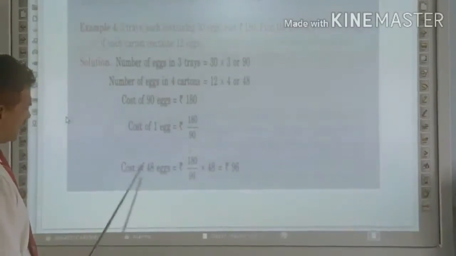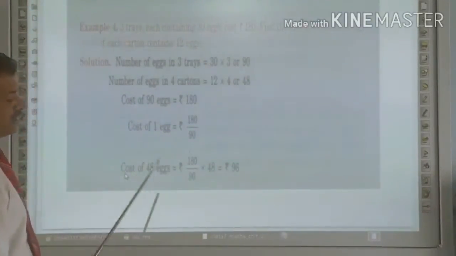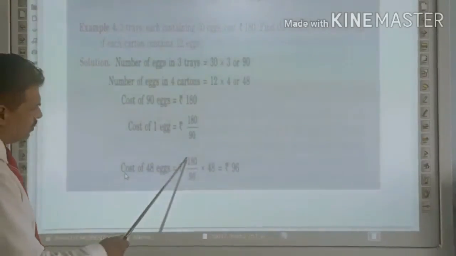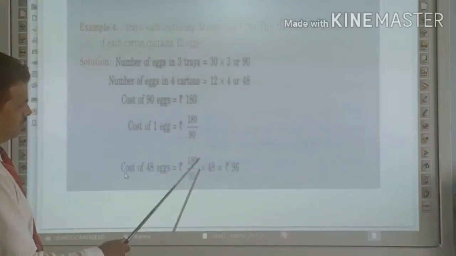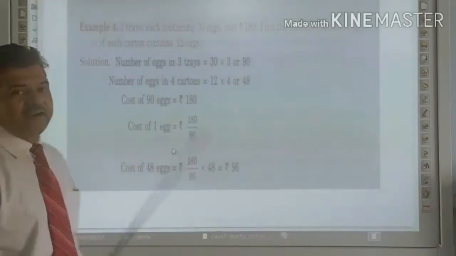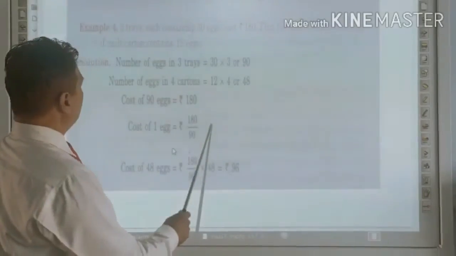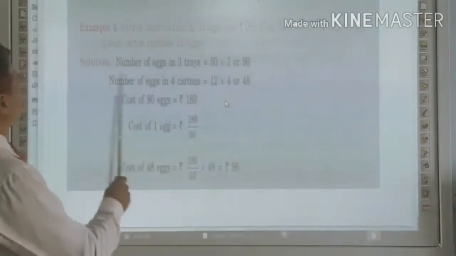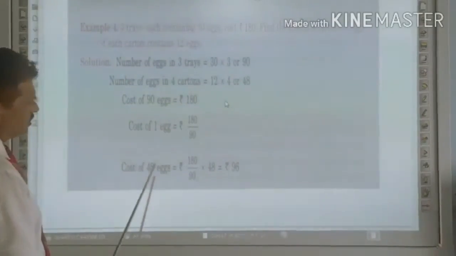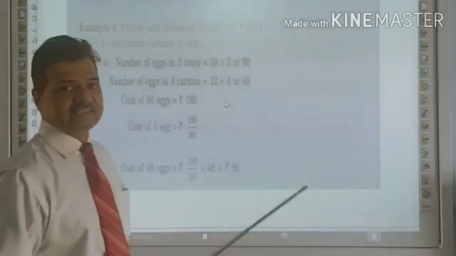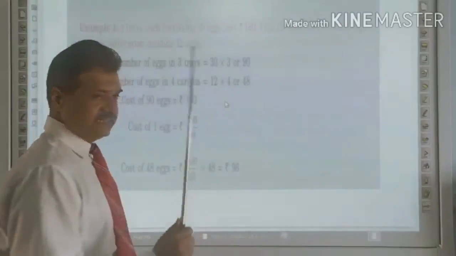Then the cost of 48 eggs is equal to 180 upon 90 into 48, which is 96. So this question is completed. The cost of 48 eggs, meaning 4 cartons of eggs, is 96 rupees.